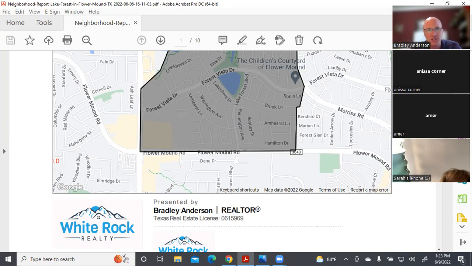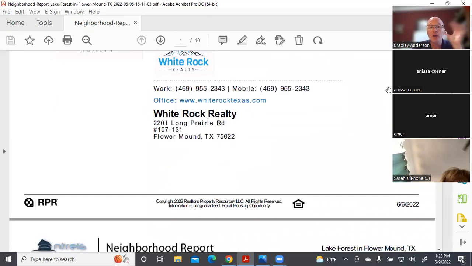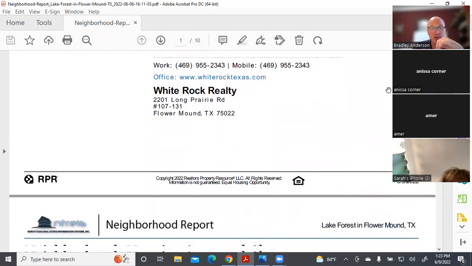And who better to list or sell a home in your neighborhood than your neighbor? This will further give you confidence and give you more talking points about the specific subdivision in which you live.